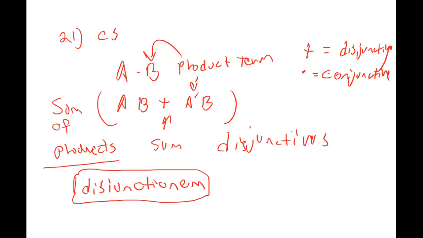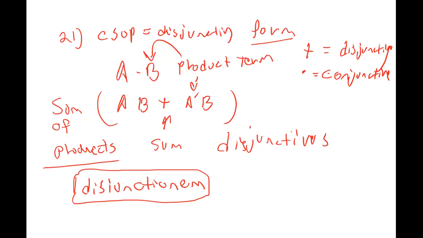Canonical sum of products is a disjunctive form. So that's an interesting point.